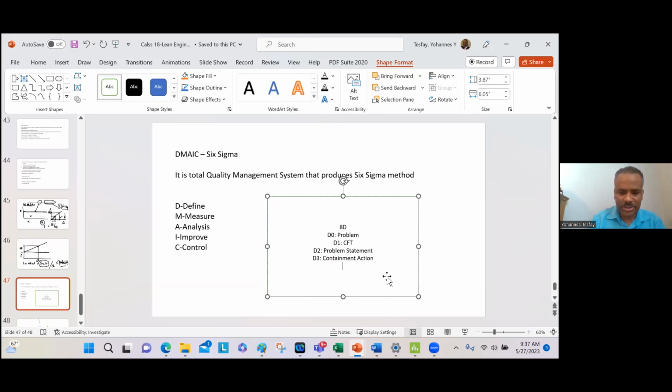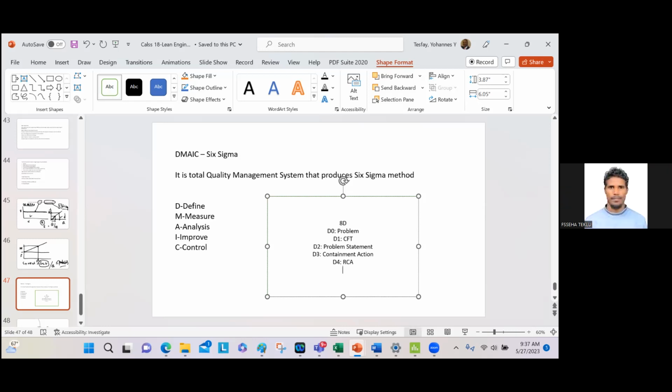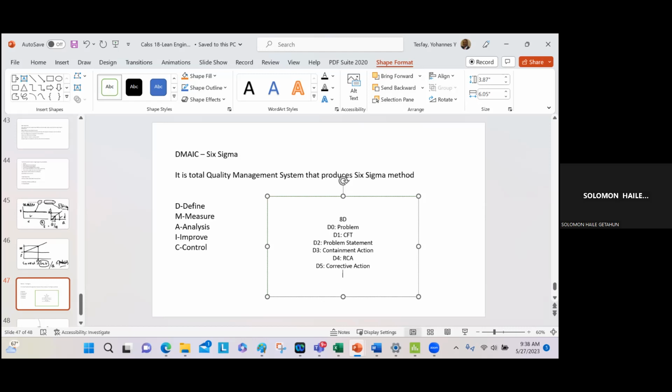And D4 is root cause analysis. What about D5? Corrective action. What about D6? Preventive action. Okay, let me see.